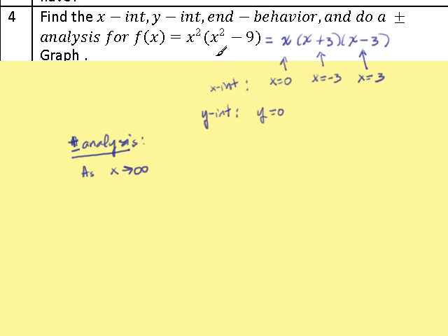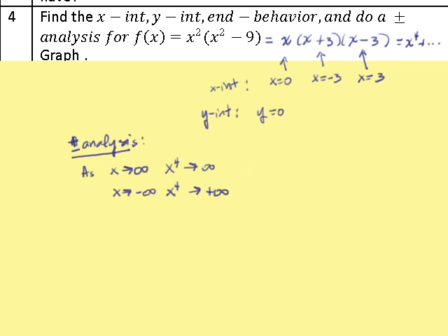If we multiply through, we're going to get x to the 4th. So this is x to the 4th plus smaller degrees. So as x goes to infinity, x to the 4th goes to infinity. And as x goes to minus infinity, x to the 4th also goes to positive infinity, and that's because of the even exponent here. So the end behavior is up on the right, up on the left.